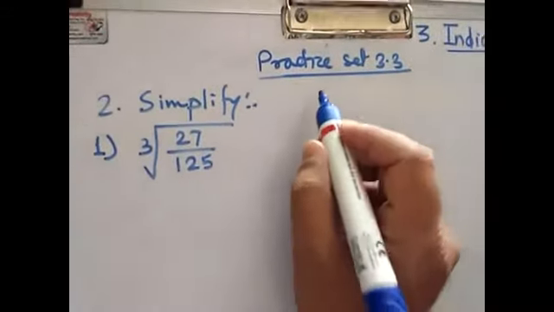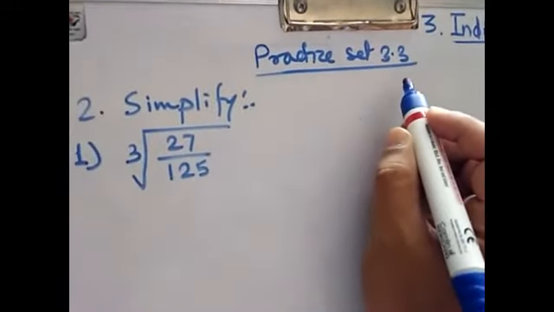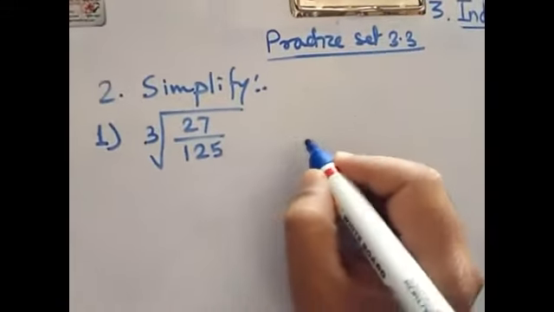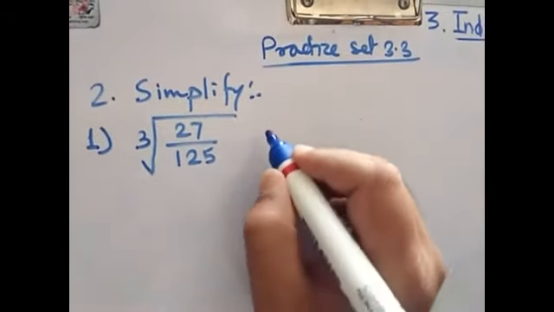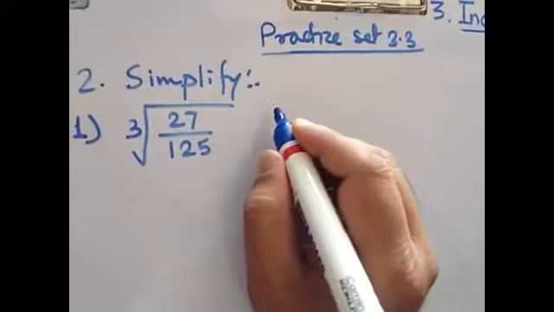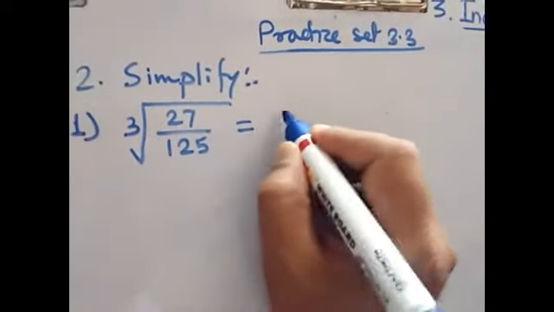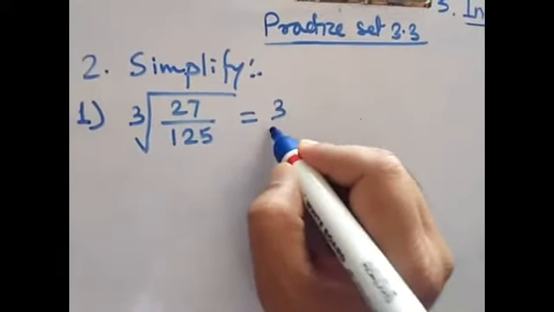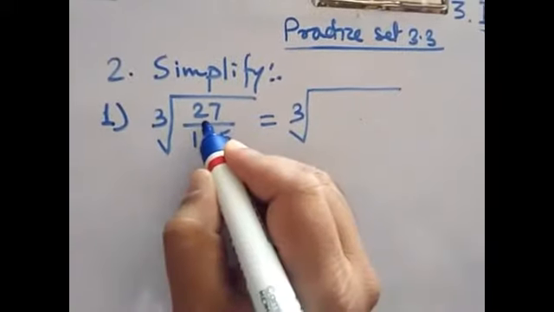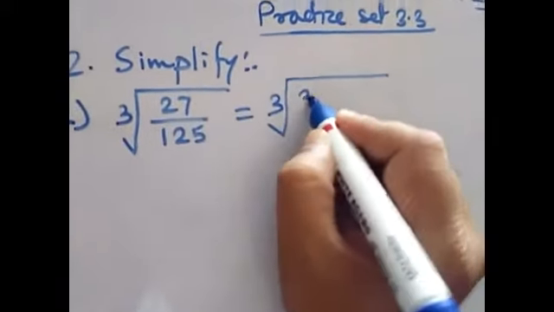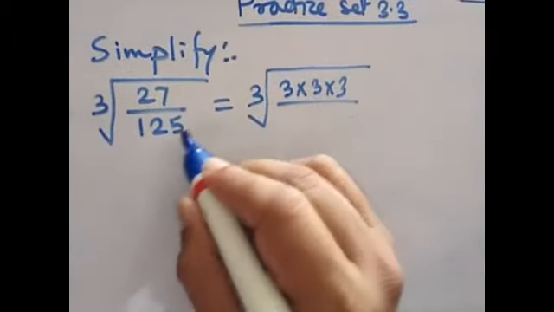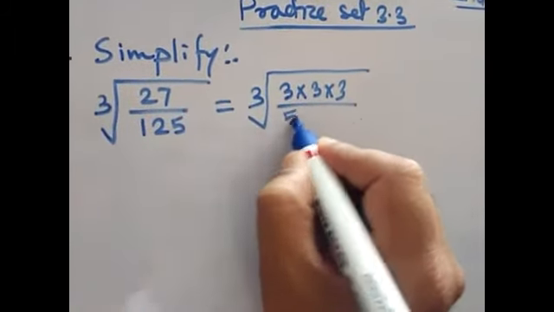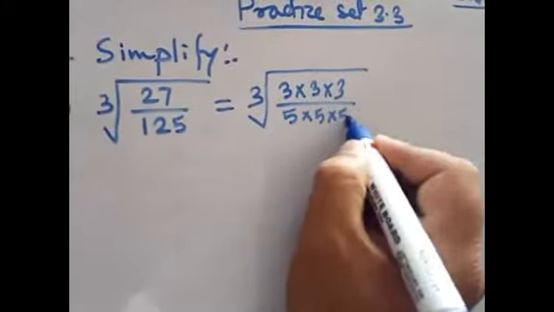Next question is in practice 3.3, simplify. How do we simplify the cube root of 27 divided by 125? First we factorize this number: 27 is 3 into 3 into 3, and 125 is 5 into 5 into 5.